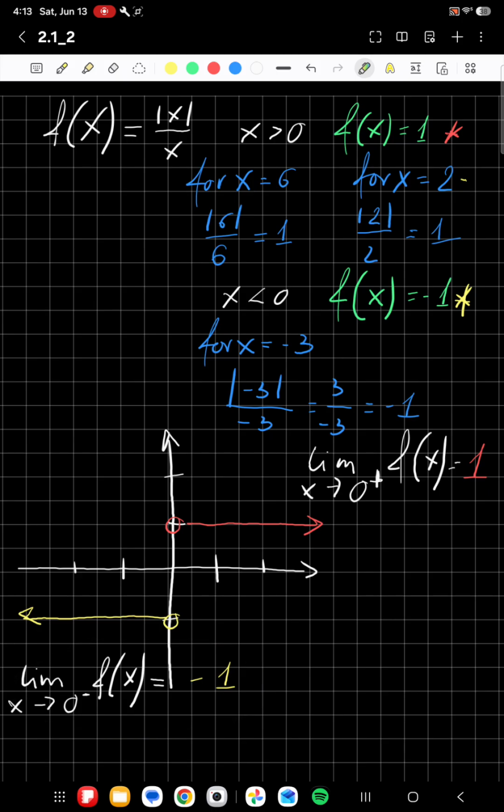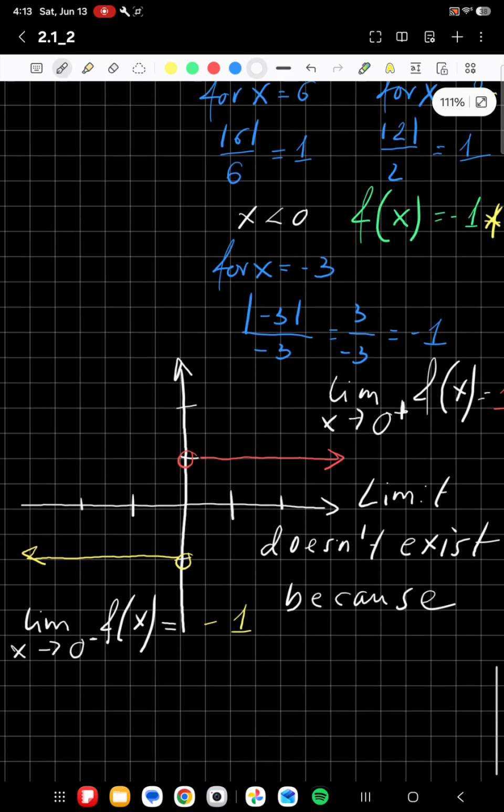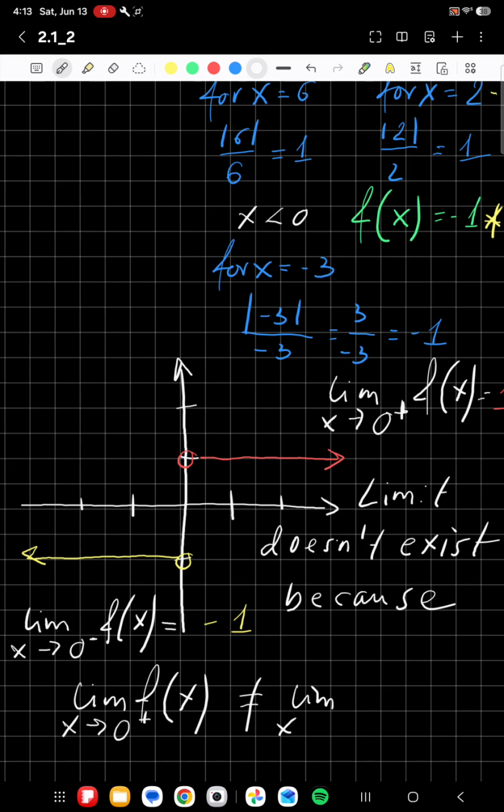So let's write limit doesn't exist, because, and let's write it, we can fit it here, limit with x approaching 0 from the right of f of x does not equal the limit of the function with x approaching 0 from the left.